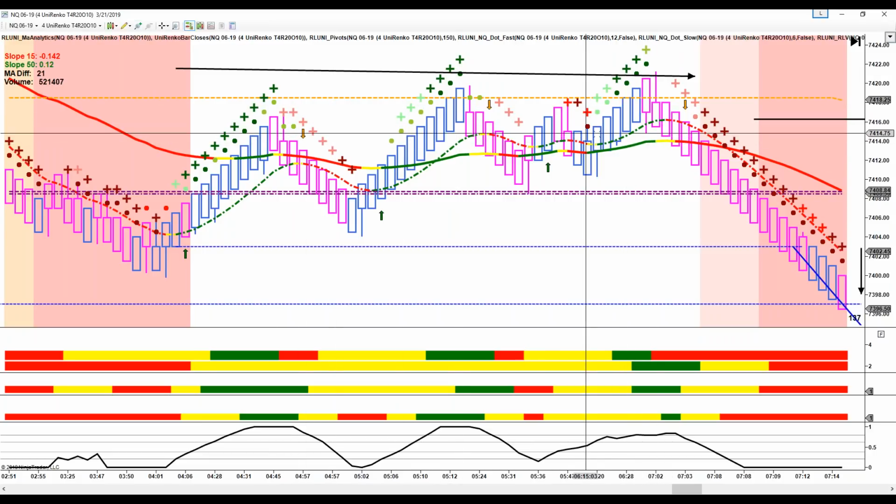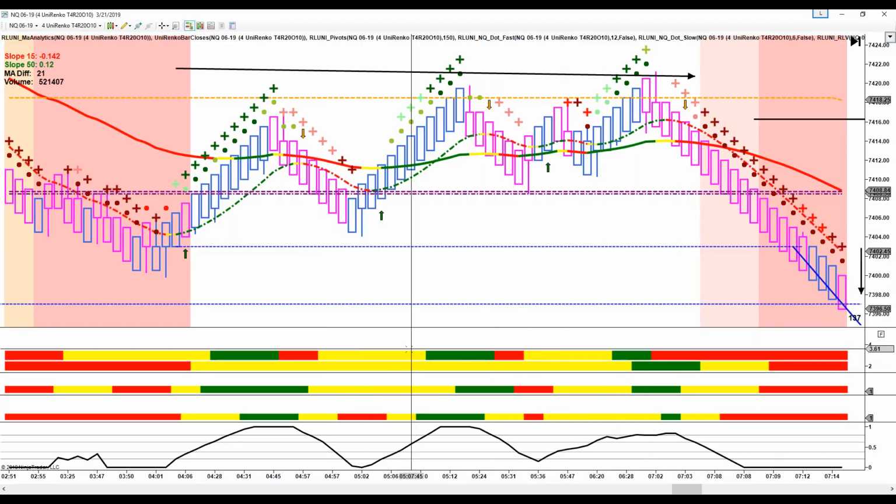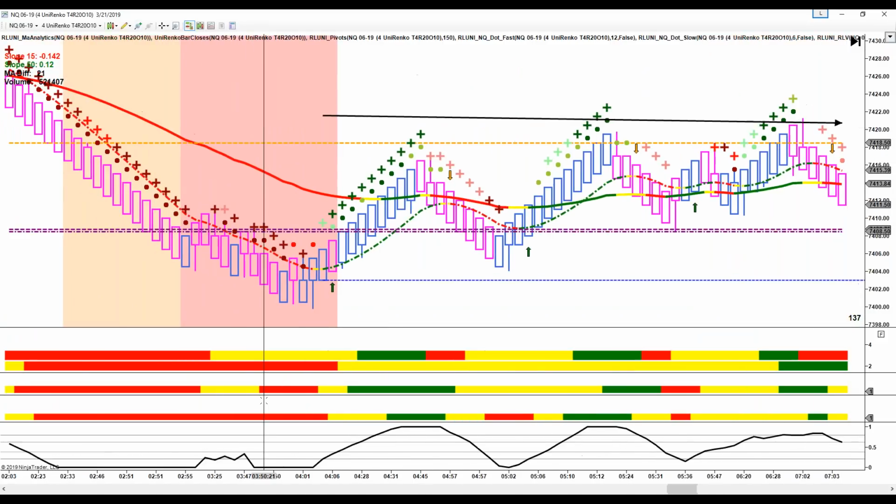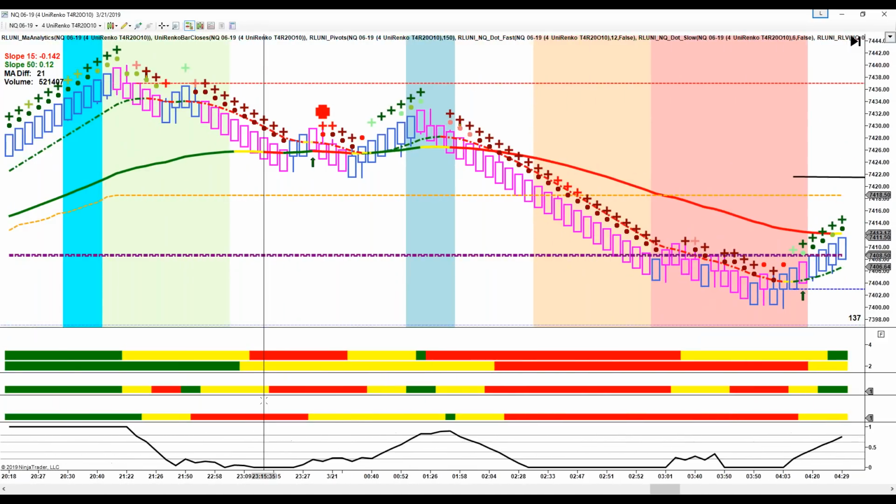There's no market participation by big money. Look what happens to the quant lines. They never align, green, green, or red, red. Look what happens to the Laguerre. It never aligns, green, green, or red, red. A second here it does, but you have no trade. So it really does keep you out of the chop.